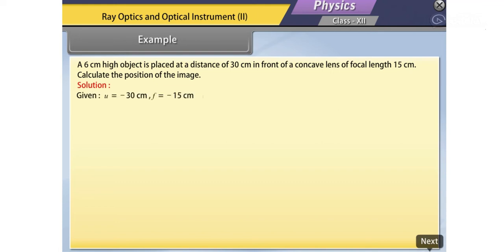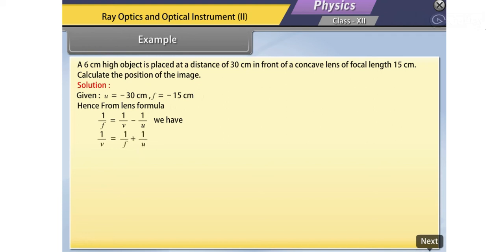Solution: given u = -30 cm, f = -15 cm. Hence, from lens formula, 1/f = 1/v - 1/u.